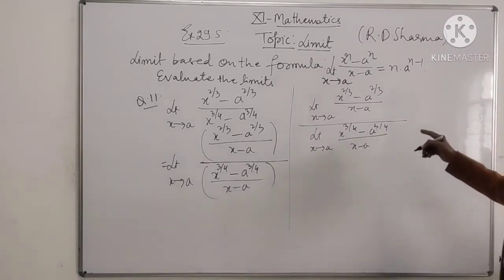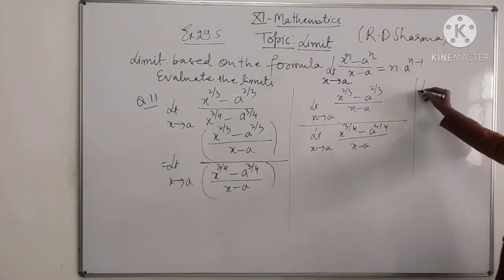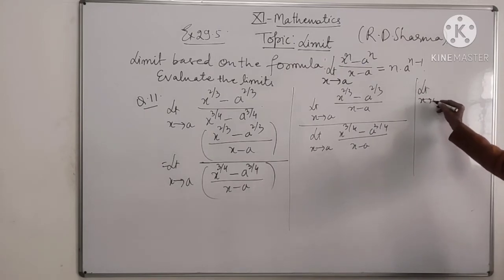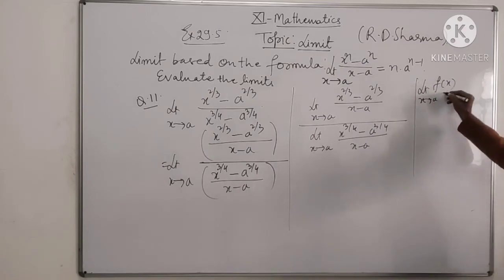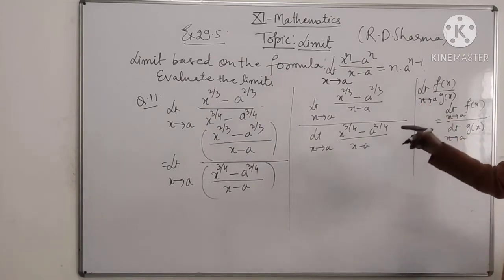It is the same as limit of quotient equal to quotient of limits. Just like limit x tends to a, f(x) upon g(x) is equal to limit x tends to a f(x) upon limit x tends to a g(x). Just use this concept, we will get two limits.